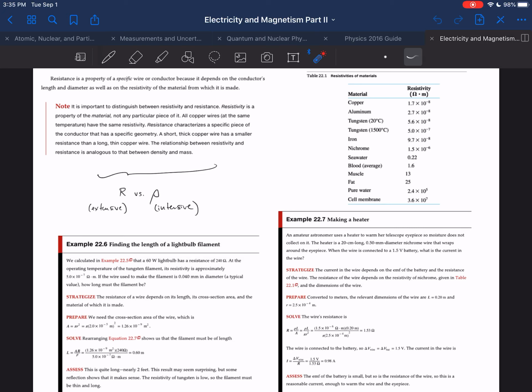So if you imagine people in a room milling about and you're trying to get from point A to point B, if the people in the room are standing still, it's very easy to get from point A to point B. If they're running around all over the place, even if it's the same number of people, so they have a lot of kinetic energy, it's harder to get from point A to point B. And that's exactly what's going on here with the resistivity. So I'd recommend taking a look at these two examples and making sure you're comfortable with applying these formulas.